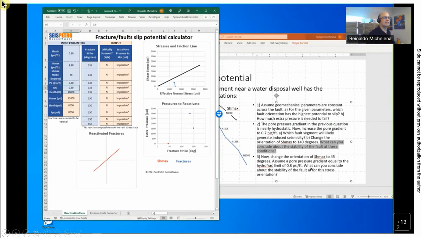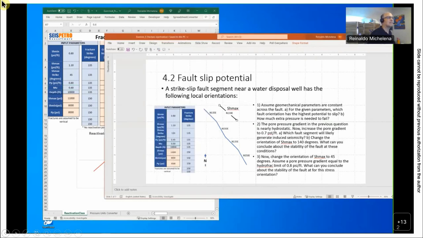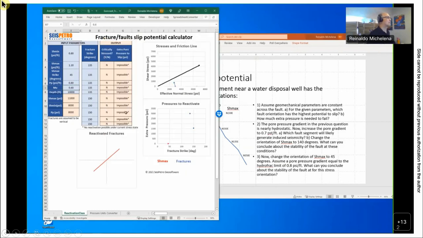And then it asks, what can you conclude about the stability of the fault for this stress orientation? If you read here, it says all impossible, which means that for this orientation, the maximum horizontal stress is close to perpendicular, like taking this arrow and putting it like this, roughly. For that condition, that fault will be very stable, and you can pump as much as you want.